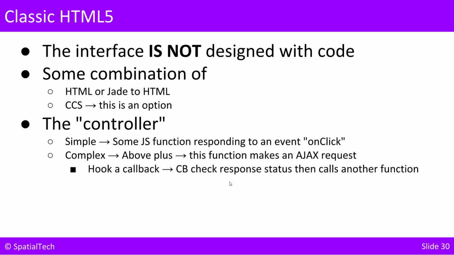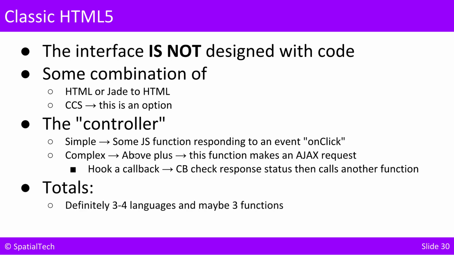We hook a callback in, and we check the response status, which then calls another function. That's typically how it goes. So before you fire it off, you have the hook into a callback. When the server responds, you check the status. If it's a good response, you don't want it to be a 403 or a 502 error or a 500 error. So if it's executed well and we got data coming back, then we call another function to figure all that out. So what are the totals on this?